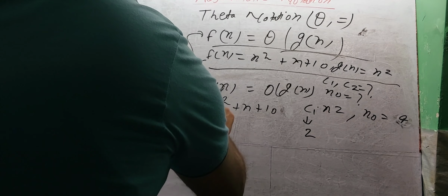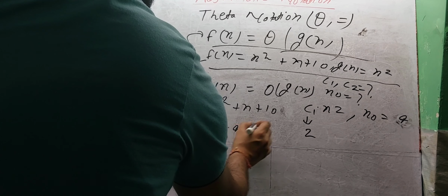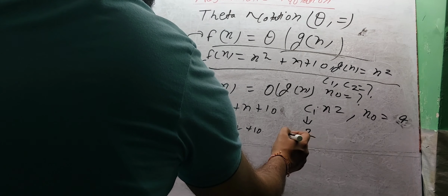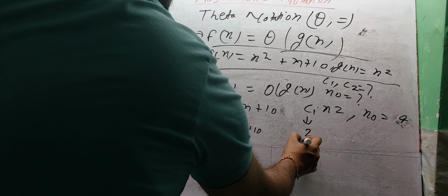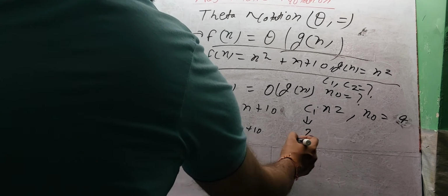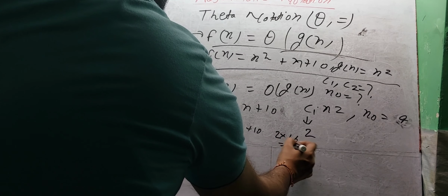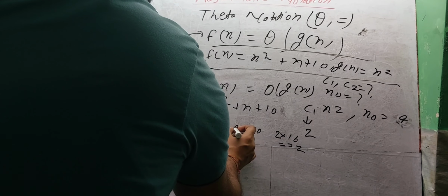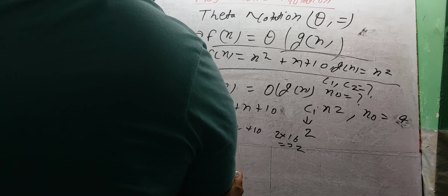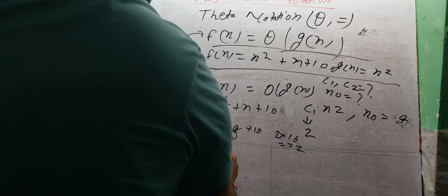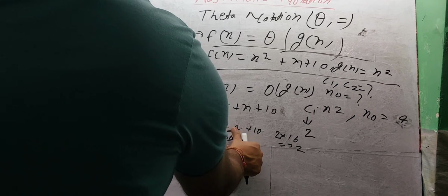Put 4: 16 plus 4 plus 10, which is 30, and here 16 into 2 equals 32.